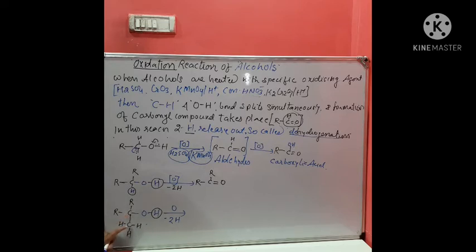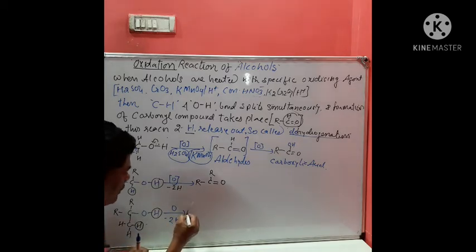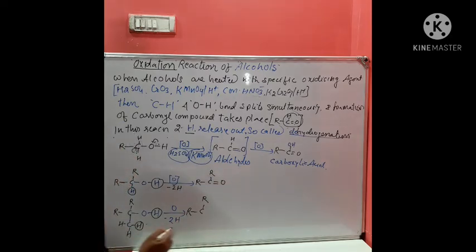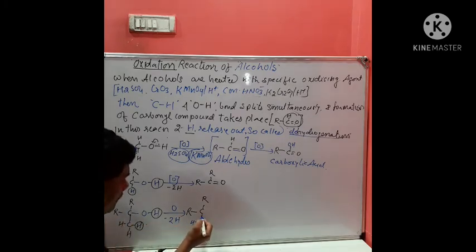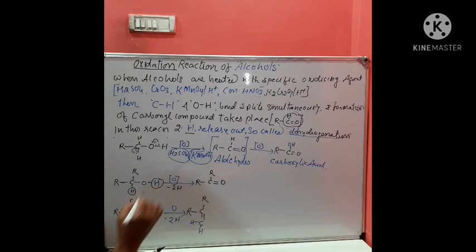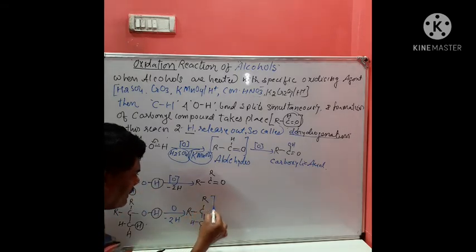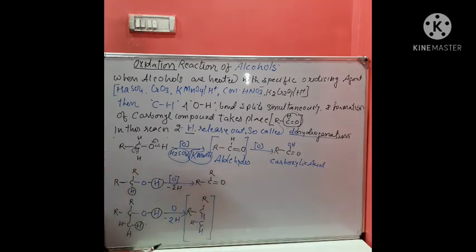The hydrogen is present in this carbon, that is the secondary carbon, I mean the beta carbon. That means this H will be released. That means now the compound will be R, this is C, this is R, and here it will remain CH2. That means the double bond will form between these carbon atoms. That means the formation of alkene will take place.